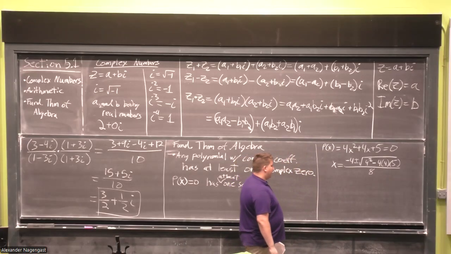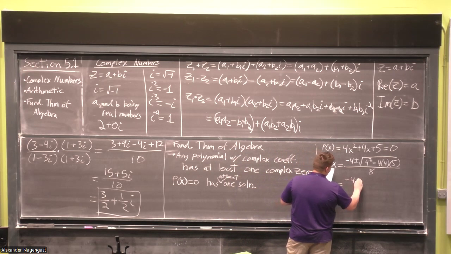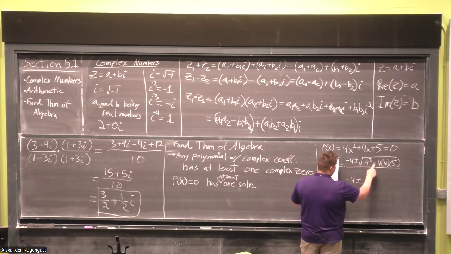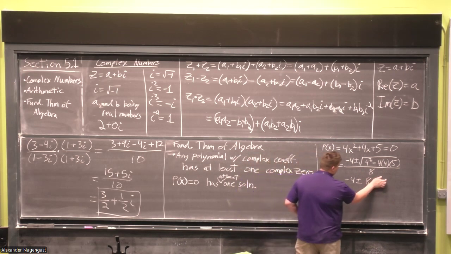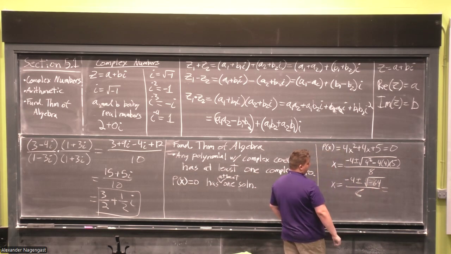And when we do this calculation, we'll get x is equal to -4 plus or minus, and here we will have 16 minus 80, which would get -64. So let me write this as square root of -64 all over 8, which is 8i.